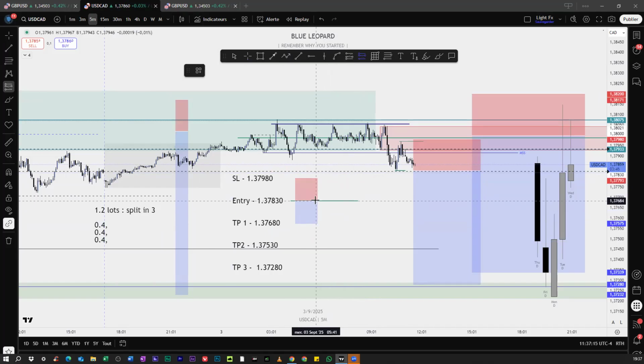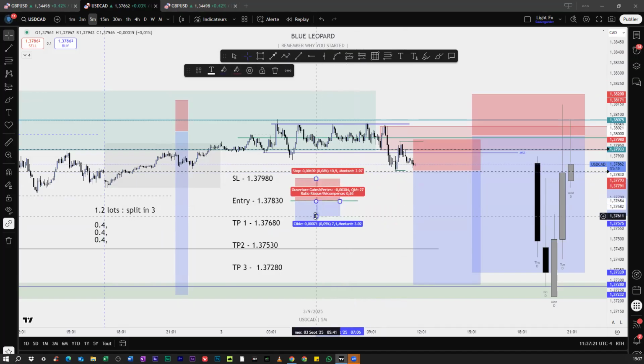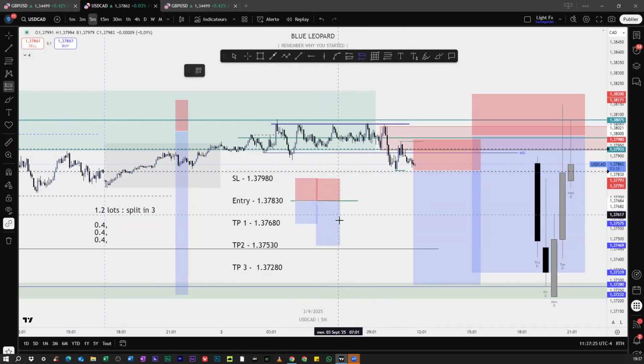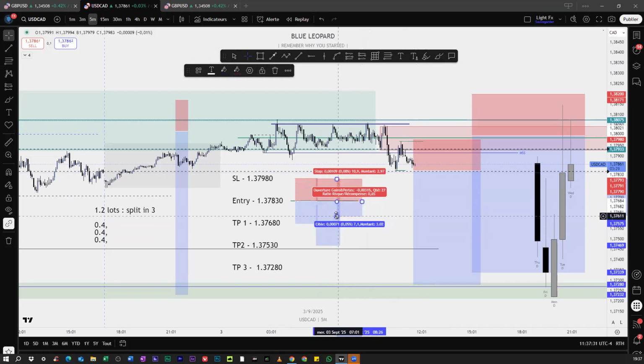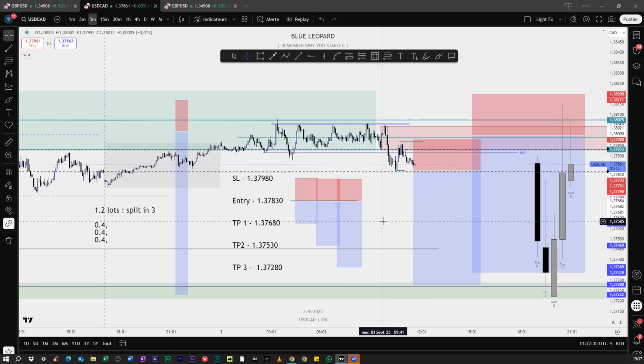For entry 2, I will do the same thing, exact same entry, exact same stop loss, but I will target TP2. And for the last one, I will come here, same stop loss, and target TP3.